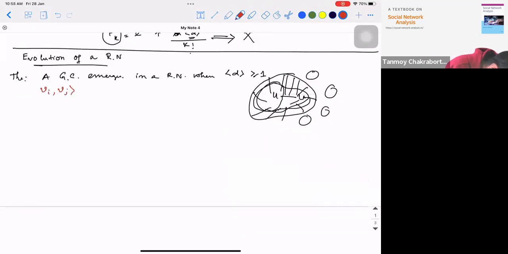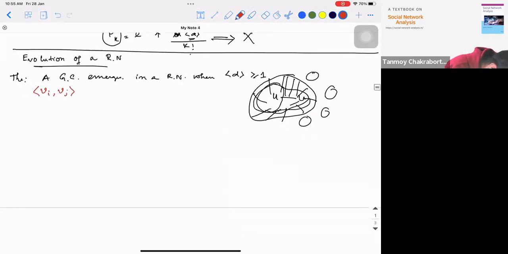Let's take a random pair of nodes, right? And let's assume that Vi is in GC. Vi is a part of the giant component, right?